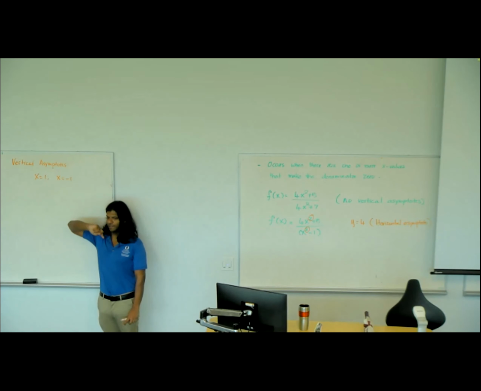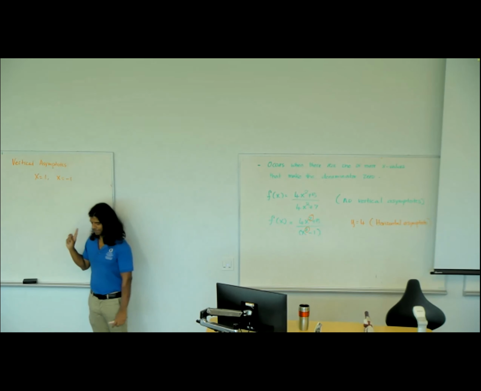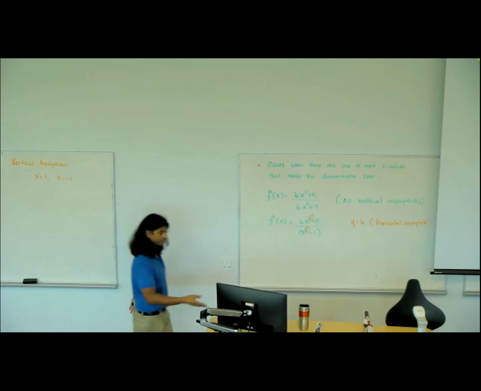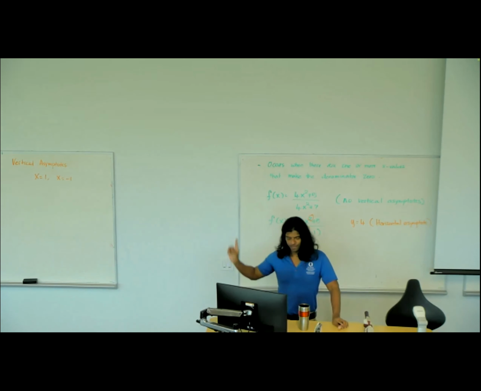So 2 values at which this particular function will have an asymptote. So at x equals 1 and x equals -1, the function is either going to go up to positive infinity, to negative infinity, or it could do both. One side goes to positive, the other side goes to negative. We will see which is which. Are we clear?